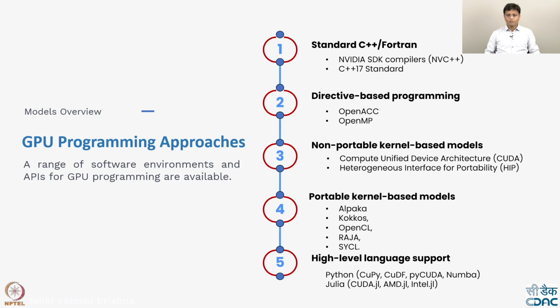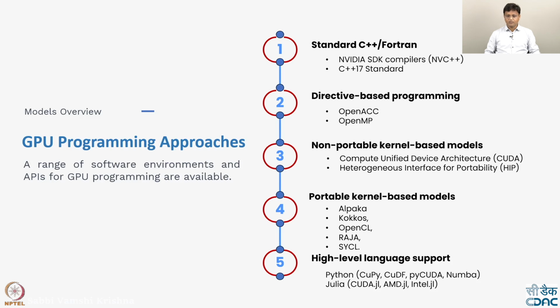The next is the portable kernel based programming model. As the name suggests, it is portable, which means any application developed using such models can easily be ported to any architecture or any GPU, whether it is Intel, AMD or CUDA.